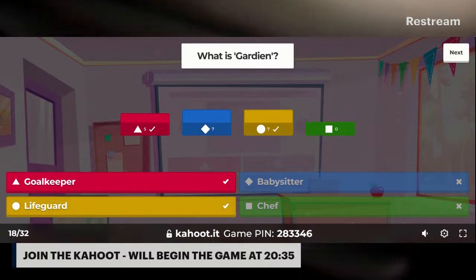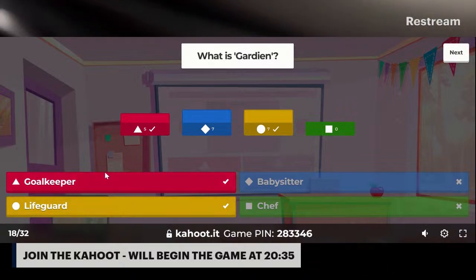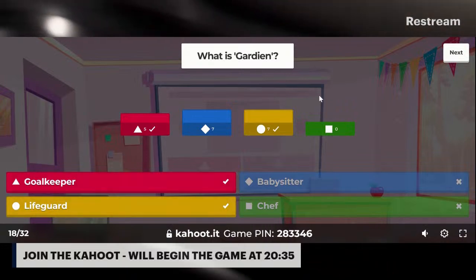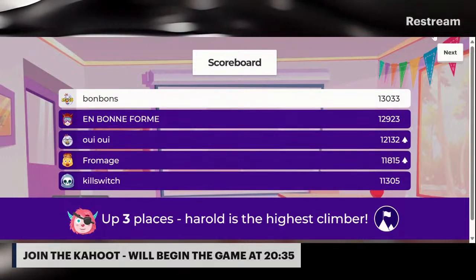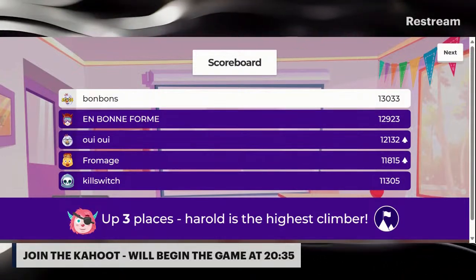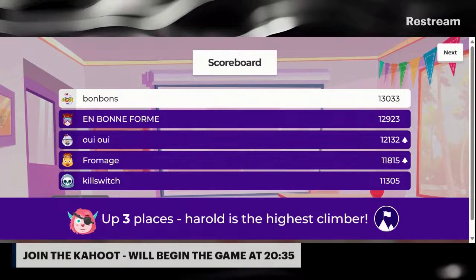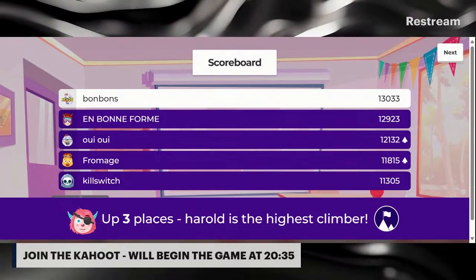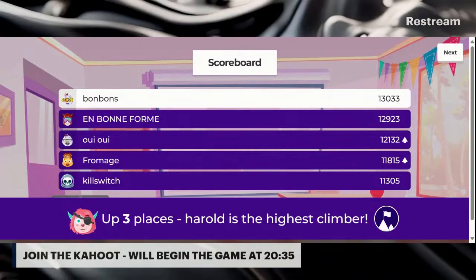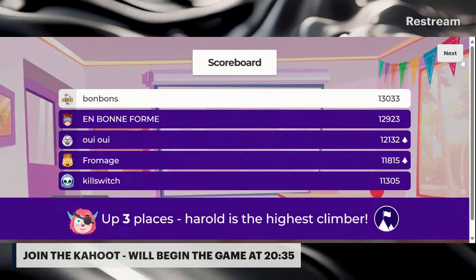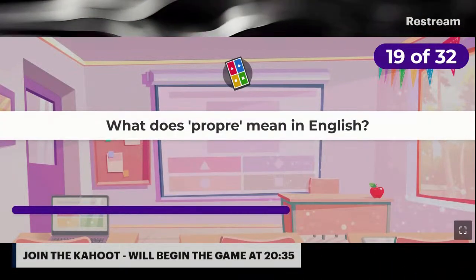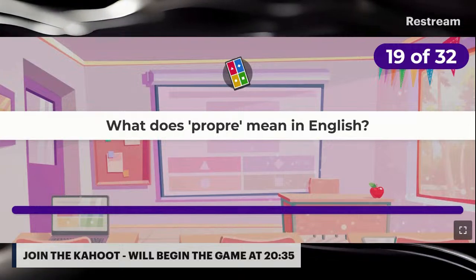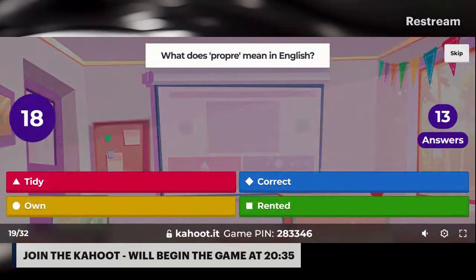It means guardian, so I guess it makes sense to be a lifeguard, but I'm not sure how it's goalkeeper as well. Some people said babysitter. So in French, babysitter is literally babysitter. It's the same as in English. What does propre mean in English? Is it tidy, correct, own, or rented?